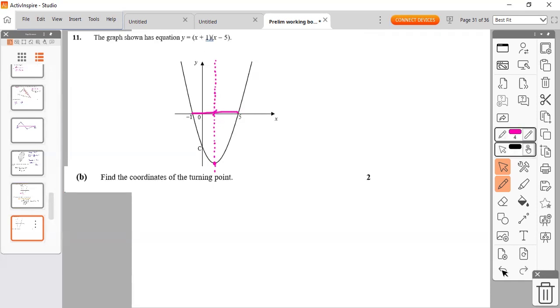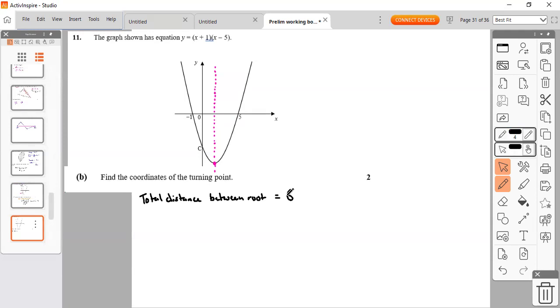So the total distance between the roots is equal to 6. It's not 6 centimeters, it's just 6 units.